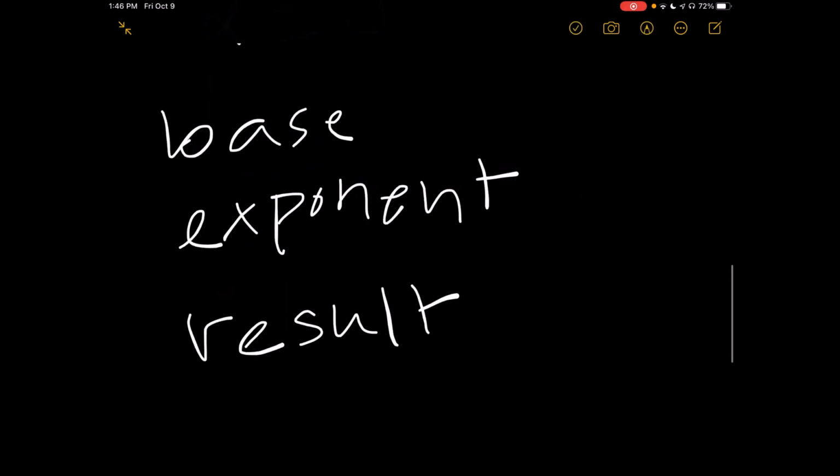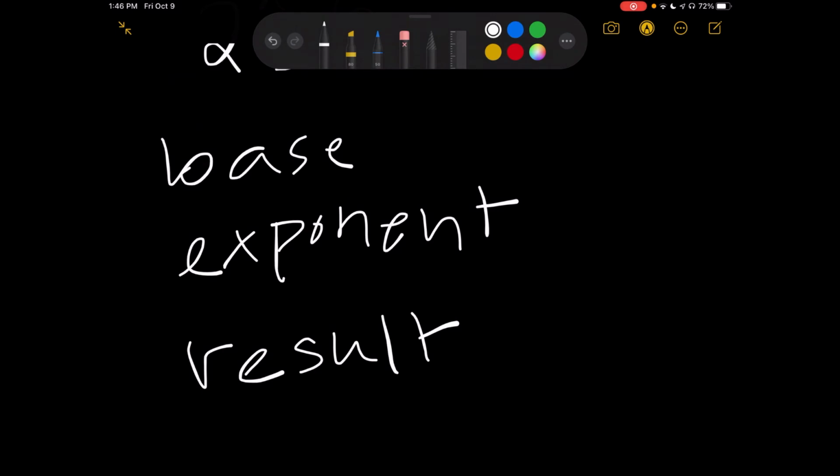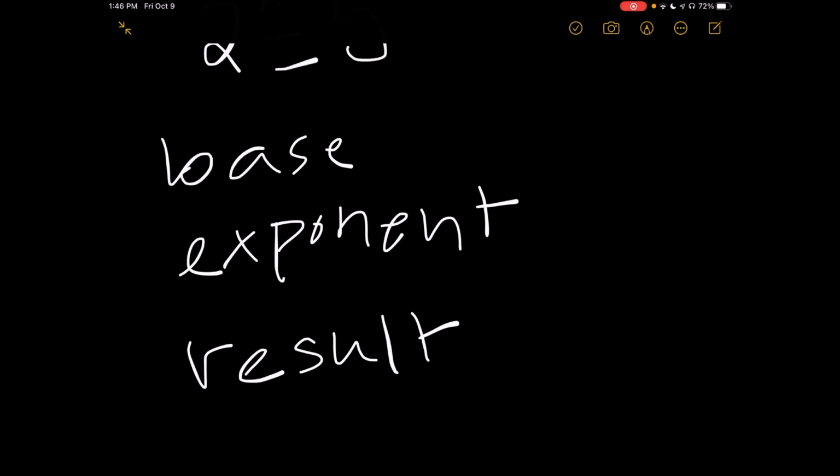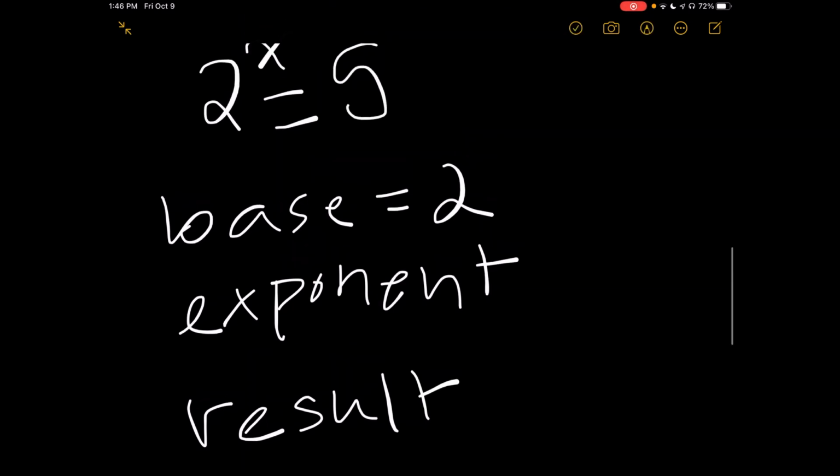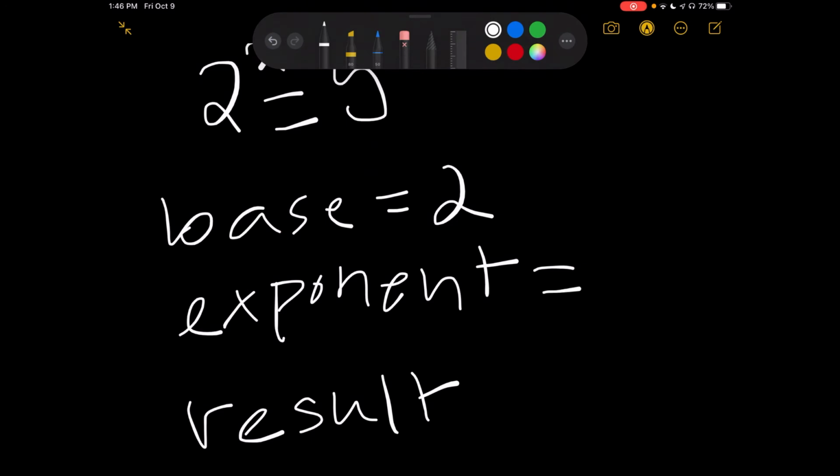So the base of this exponential is 2. The exponent of this exponential expression, as we can see, is x. The result of this exponential expression is 5.